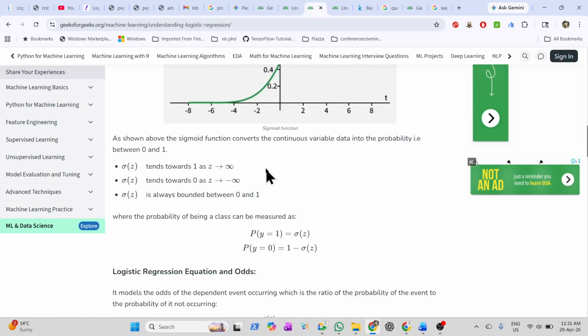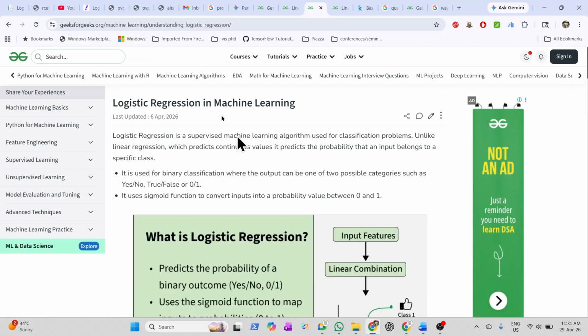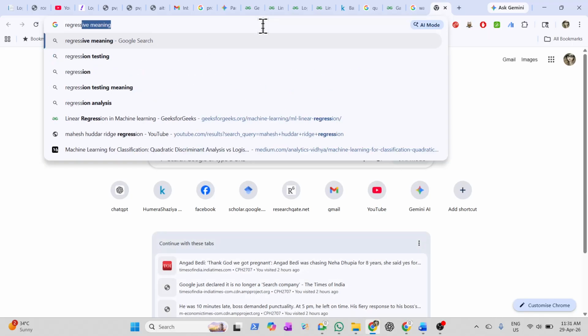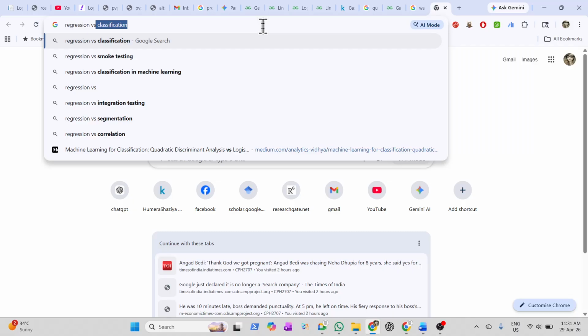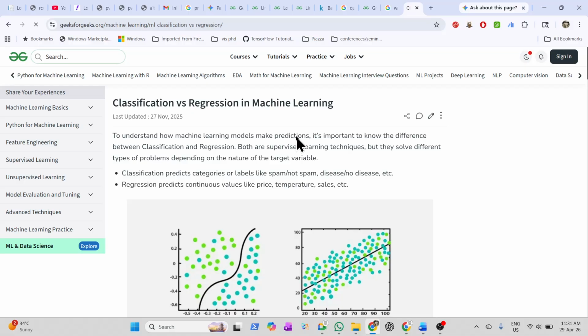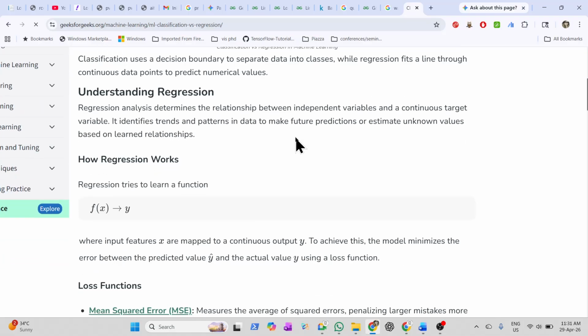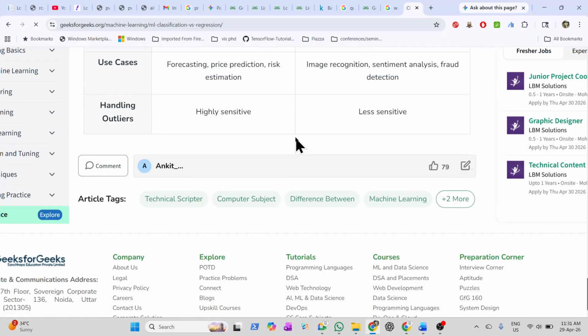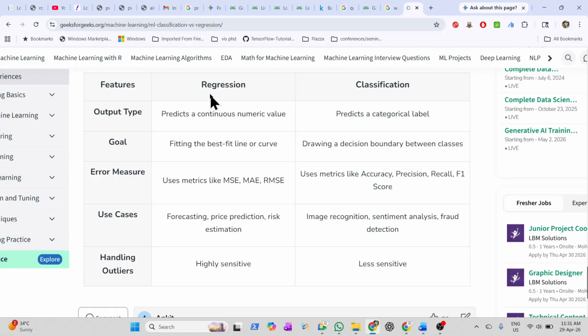Do you all remember regression? Do you all remember the difference between classification and regression? If not, let us very quickly revise it. So regression predicts a continuous numeric value.